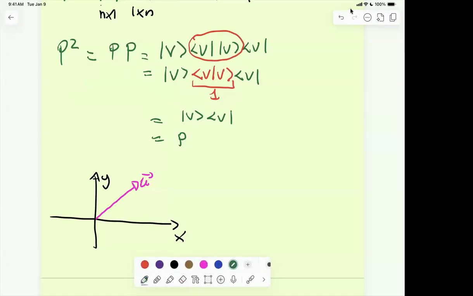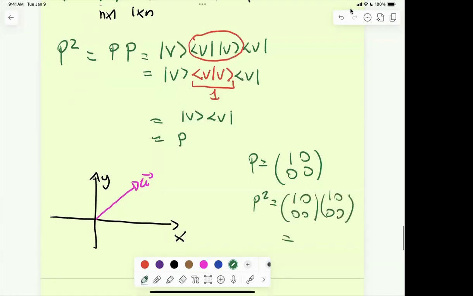What if I take P to be 1, 0, 0, 0? What is P squared? I claim that this is the same as P. Now, what does that correspond to? That's what I was going to show you first. This corresponds to taking a vector and projecting it onto the x-axis, right?